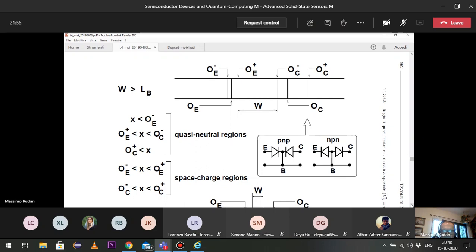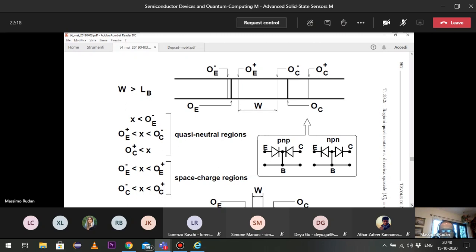PN junctions put together. And you can see in the central part of the page, the inset shows what happens when the length W is very large.